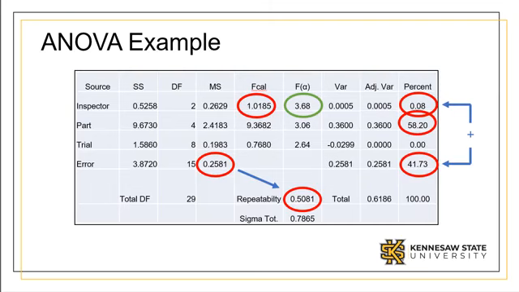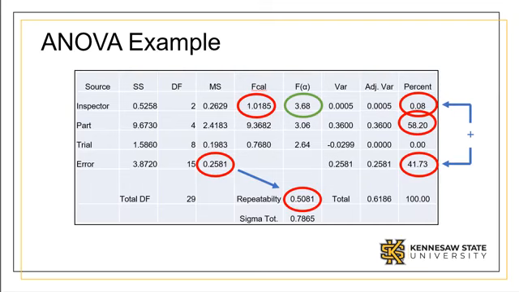Reproducibility is the variation among inspectors, which contributes 0.08% of the variation in the data. Furthermore, notice that the calculated F for the inspectors is 1.0185 compared to an actual F critical of 3.68 at alpha 0.05.